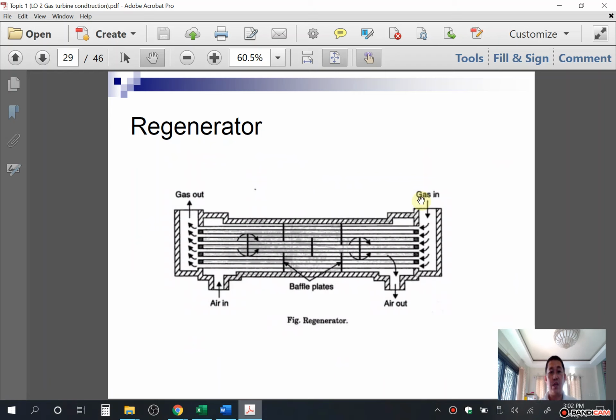By passing the heat exchanger, the exhaust gas is entering here to the heat exchanger. This one is the heat exchanger, which is called the regenerator. So now the exhaust gas here is cooled by the use of the regenerator.